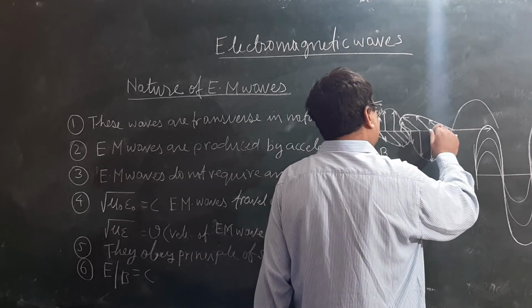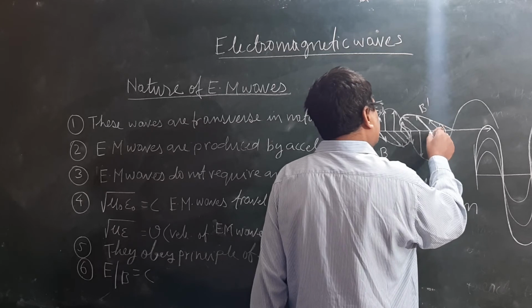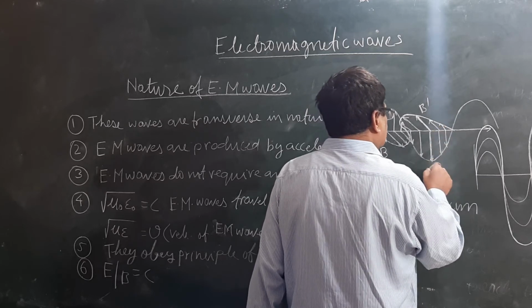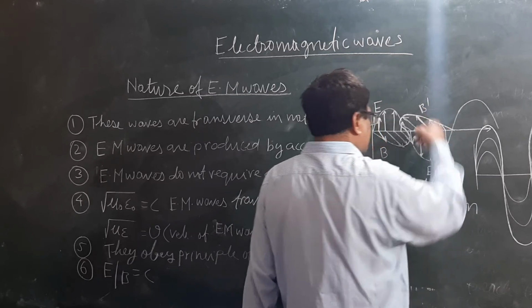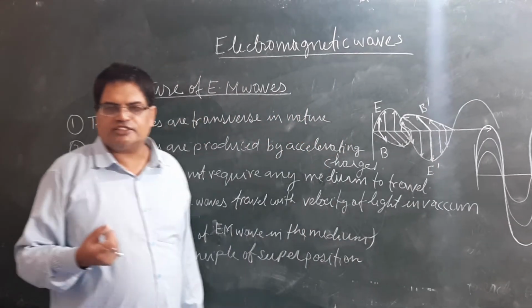Here if the magnetic component is say B dash, and here the electric component is say E dash, then E dash by B dash will be the same everywhere, and that is equal to the velocity of light.